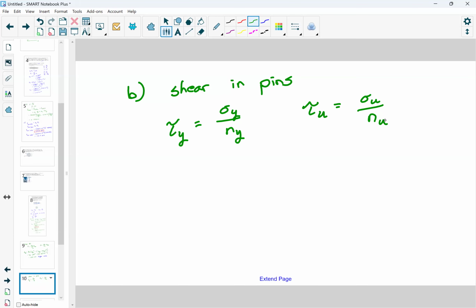Okay, so what ends up happening is we'll end up with P is then going to be tau sub y, and I believe we were given that information, weren't we? That's going to be tau sub y over the yield safety factor times the area. But how many pins did it tell us that we had?